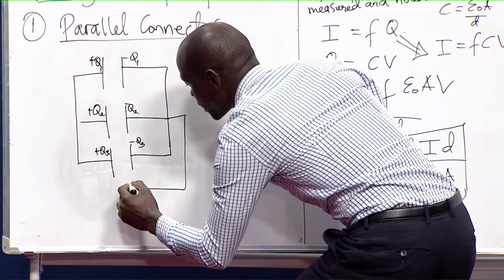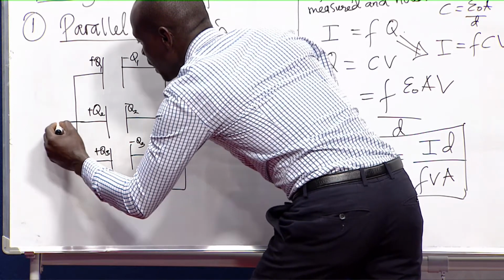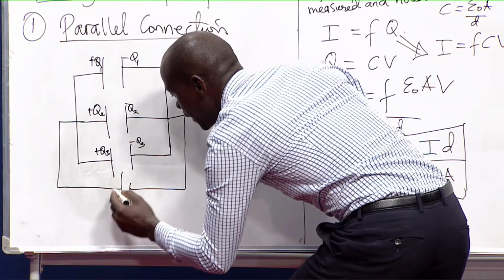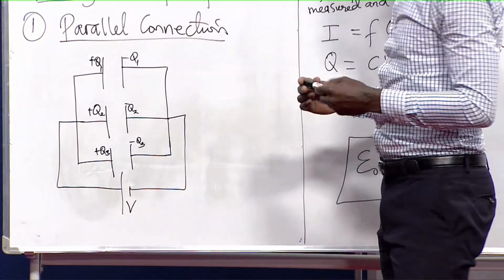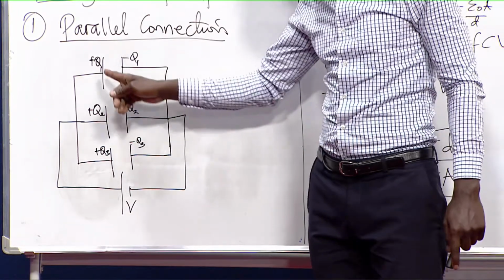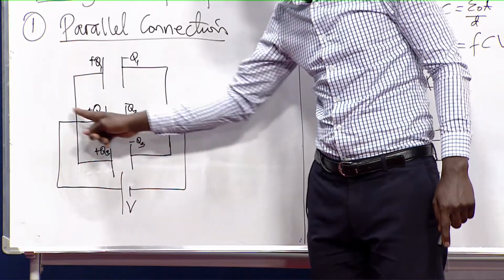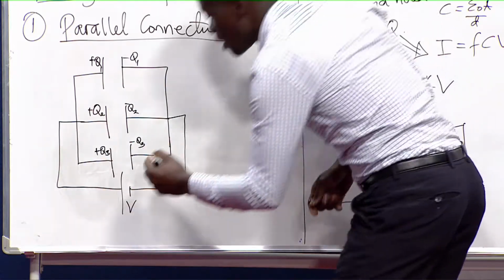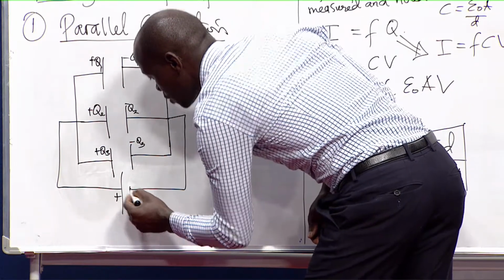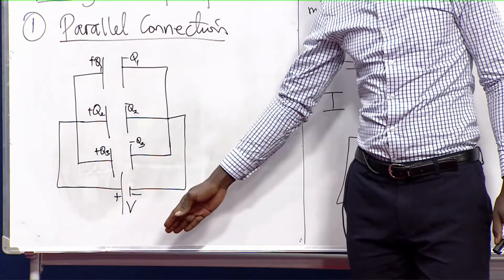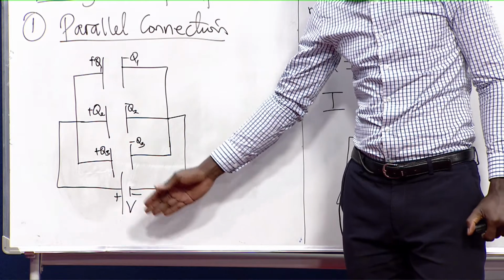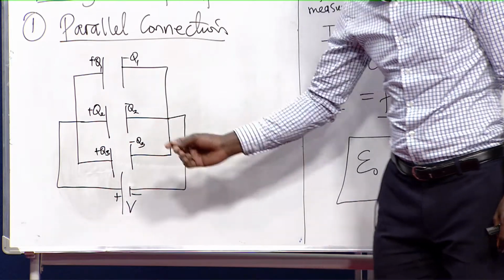And you have connected them to the same PD supply, V. Now, because they are in parallel, you can see all these are interconnected and they go to this positive. It means that the PD across these 3 capacitors is the same. What does that imply?